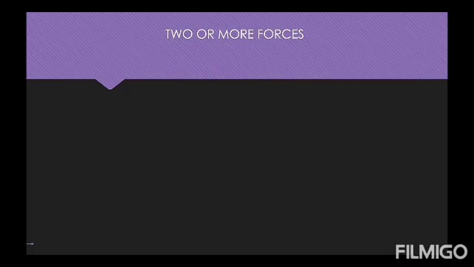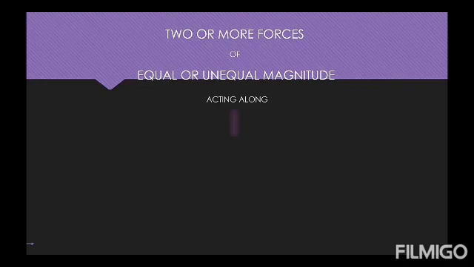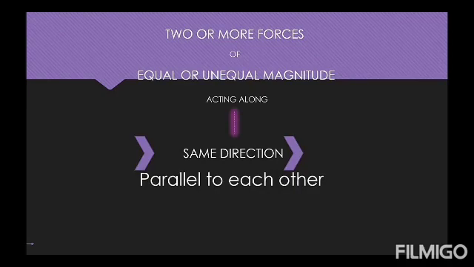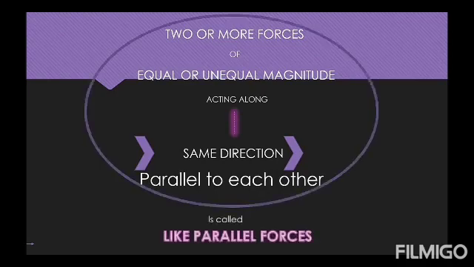Once again, we can learn this. There are 2 types of force. Say students, what are the 2 types? Like parallel force and unlike parallel force. Now, like parallel force: 2 or more force, equal or unequal magnitude, acting along same direction parallel to each other is called like parallel force.